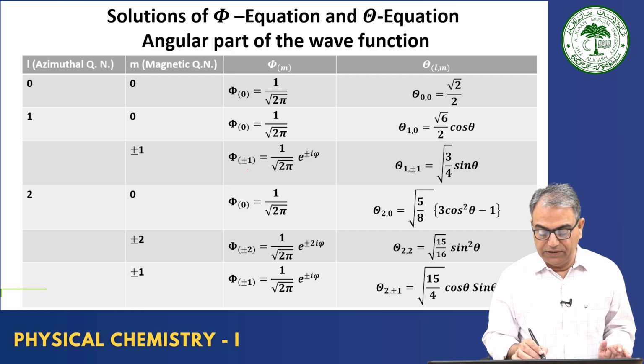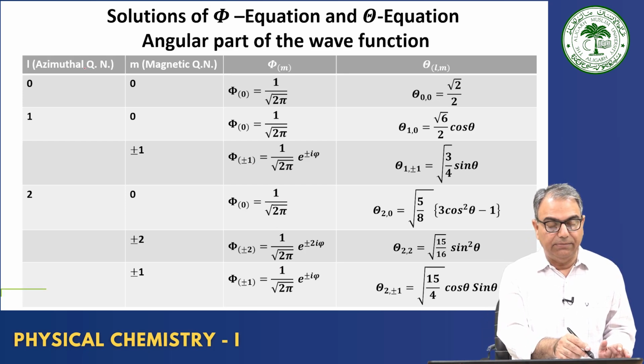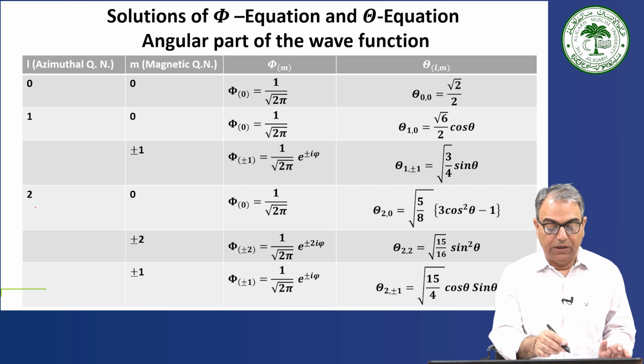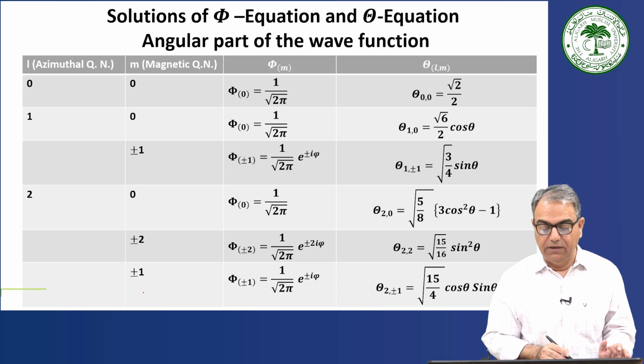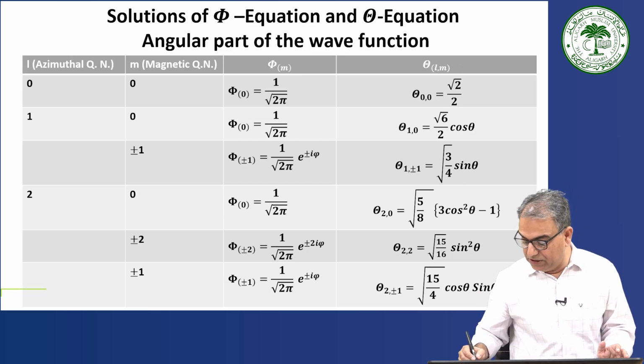For m equal to plus minus 1 it was this one, and the rest are repetitions. Okay, so this is your azimuthal quantum number: 0, 1, 2, and the magnetic quantum number will be 0; 0 and plus minus 1; 0, plus minus 1, plus minus 2. Okay, and then the theta values for different functions I have written, up to this, I think 2, 1. This also we have done.